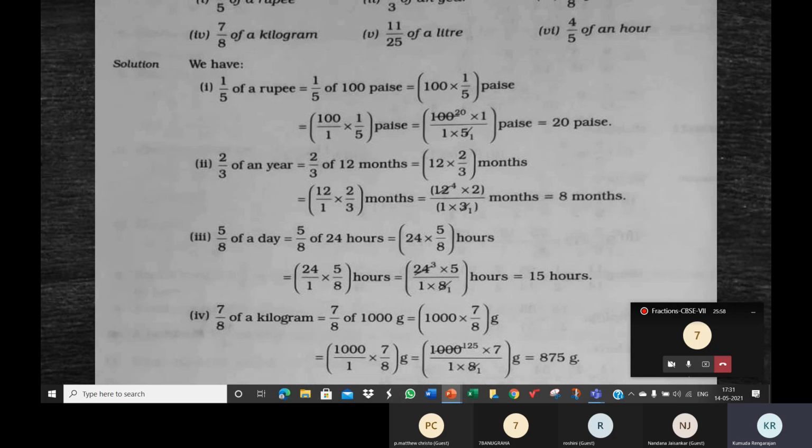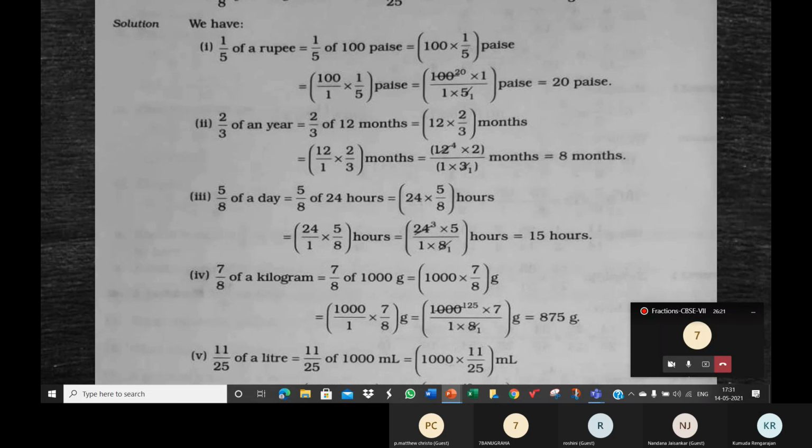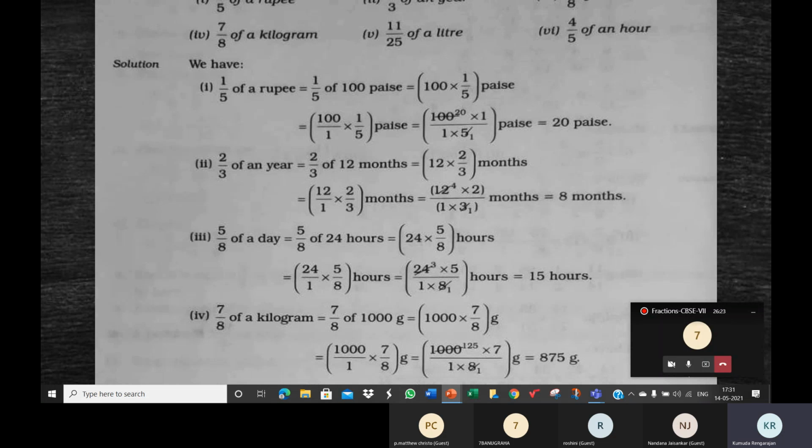Ma'am, I can't see the fourth one clearly, ma'am. 875 grams. I'll be showing the next answer. Are you able to read 1000 by 1 into 7 by 8?